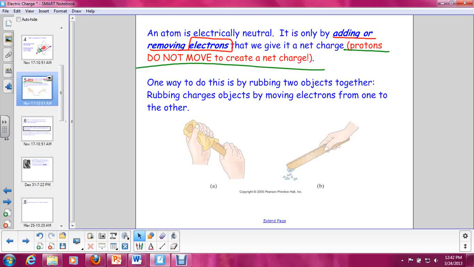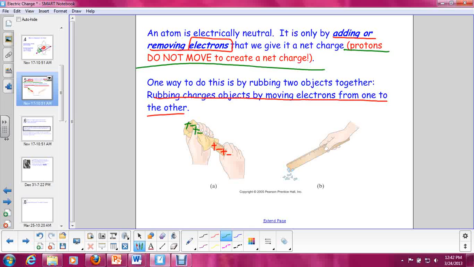So one way to cause a charge in an atom is to rub two objects together. When we rub objects together, electrons move from one object to the other. So in this picture, we have a ruler and a cloth. And the ruler has the same number of positives and negatives to begin with. Same with the cloth. It has an equal number of positives and negatives. So it is neutral. But when you rub them together, what happens is the electrons are pulled from one object to another.